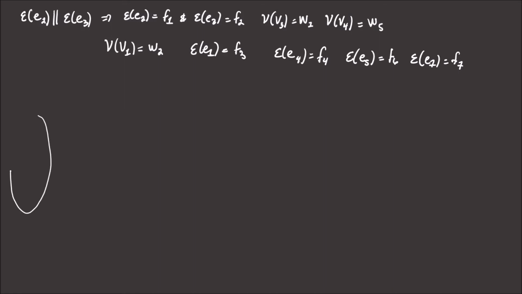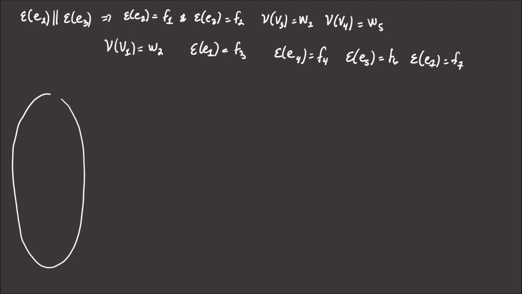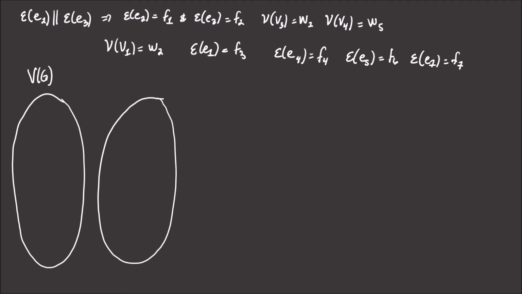Let's say this represents V of G. We'll say this represents V of G prime. We're going to have our one-to-one correspondence nu.